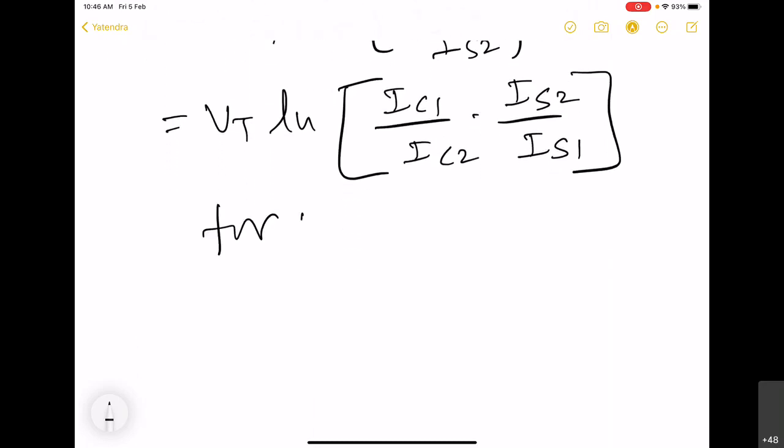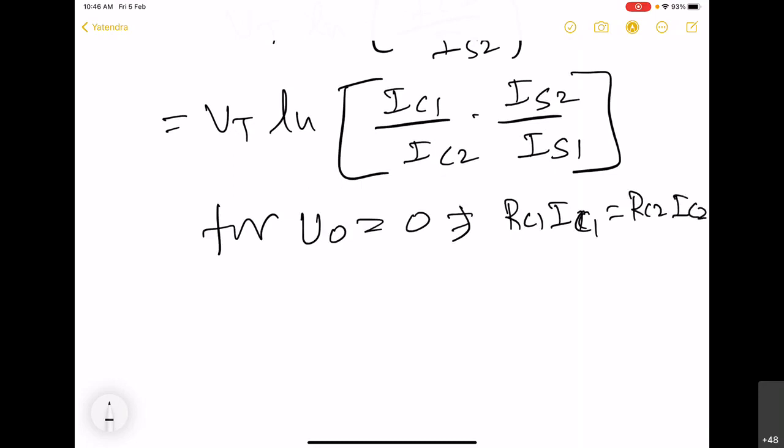And for output DC offset equal to 0, that implies RC1 IC1 is equal to RC2 IC2, which says IC1 by IC2 is equal to RC2 by RC1.